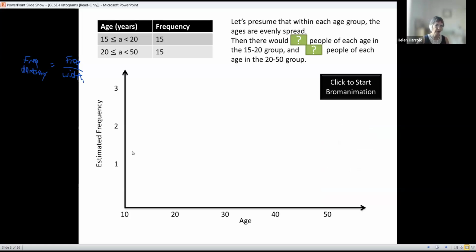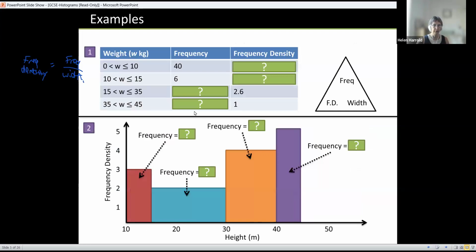So on this one here, I've got this bar, and the width is 10. So I've got a width of 10, and the frequency is 40.